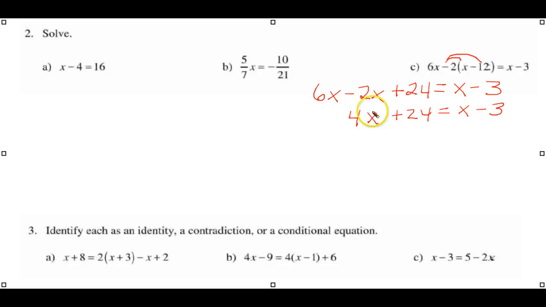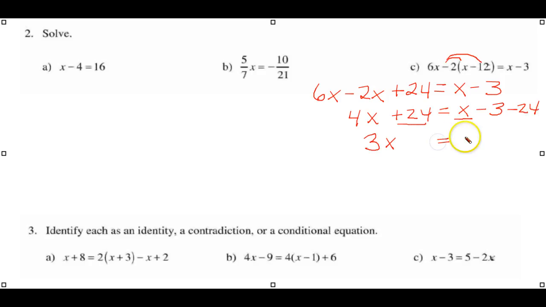We want to use that transposition, step 3, to get the variables all on one side. So this, when it goes to the other side, becomes a negative 1x. So this will give us a 3x. Now this, when it goes to the other side, gives us a negative 24.